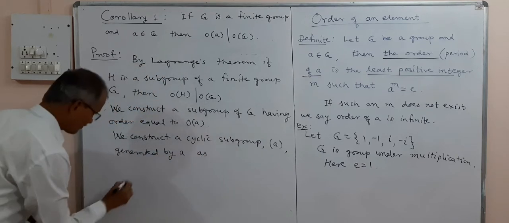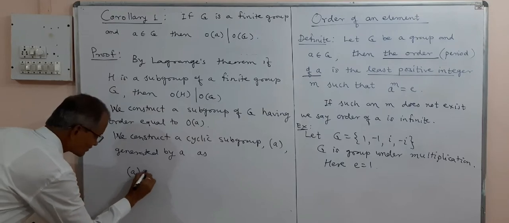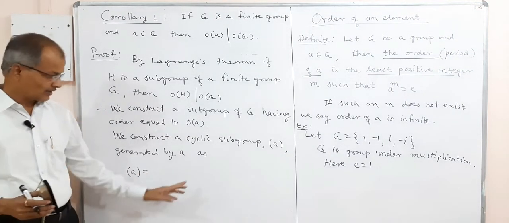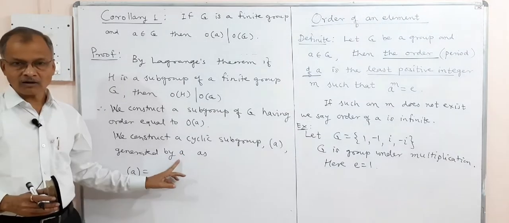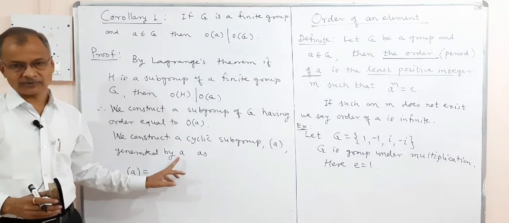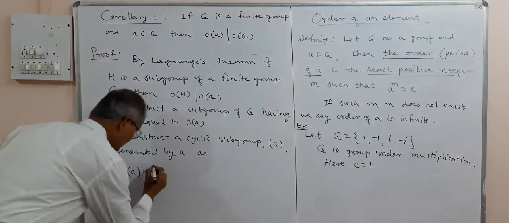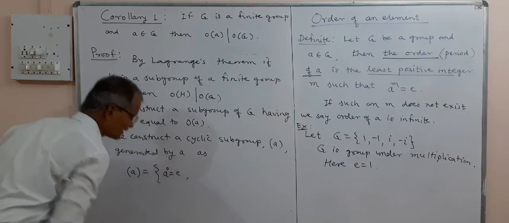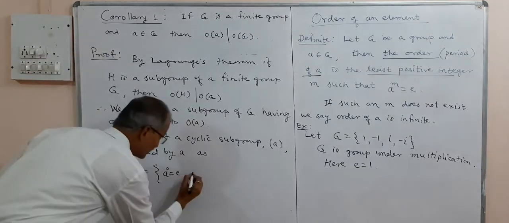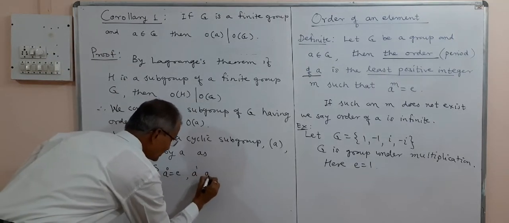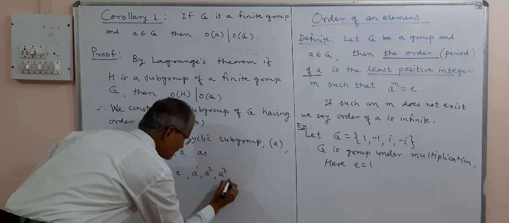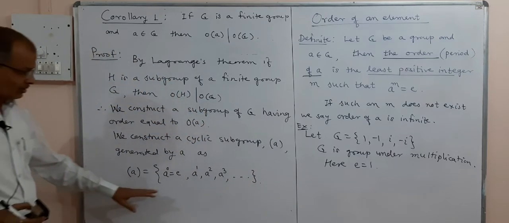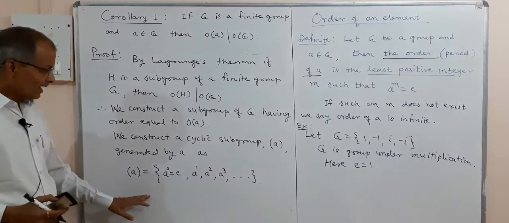This is the notation for a cyclic group. A cyclic group generated by a has all its elements as powers of a, starting with the 0th power, a raised to 0, which is always considered the identity, then a raised to 1, a squared, a cubed, etc. So this is the cyclic group generated by a.